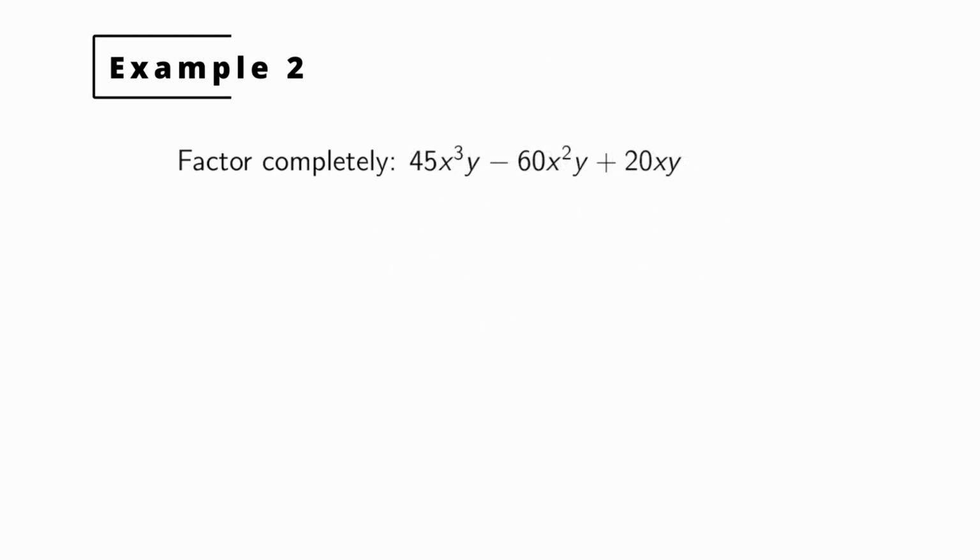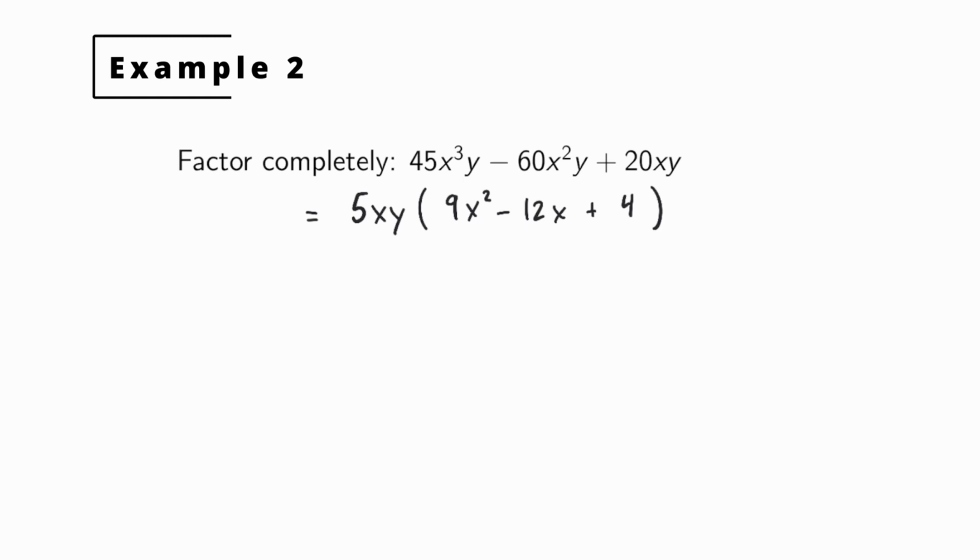Example 2. We first have this polynomial. We check, do we have common factors? And we do. Each term is divisible by 5, and each term has a common factor of x and y. So we can factor out the greatest common factor of 5xy, and then we'll have left over 9x squared minus 12x plus 4.